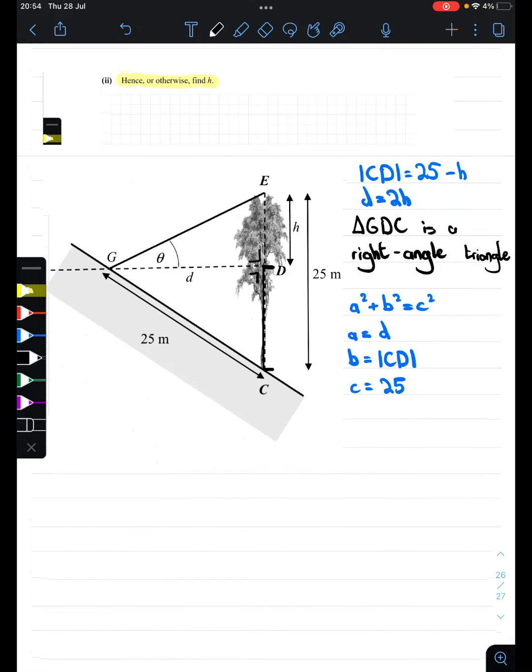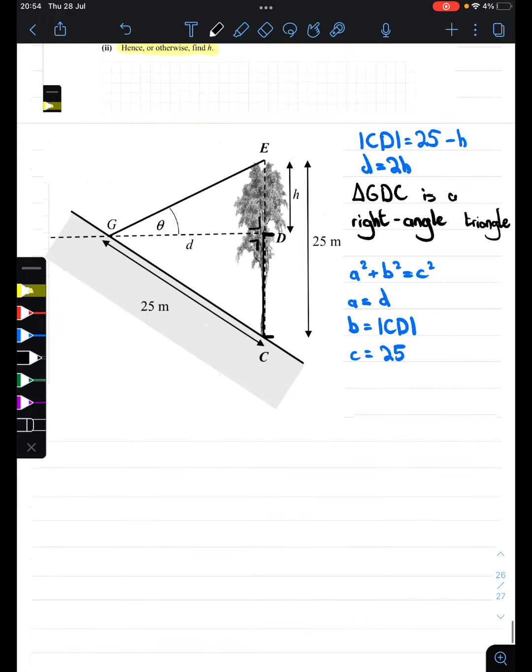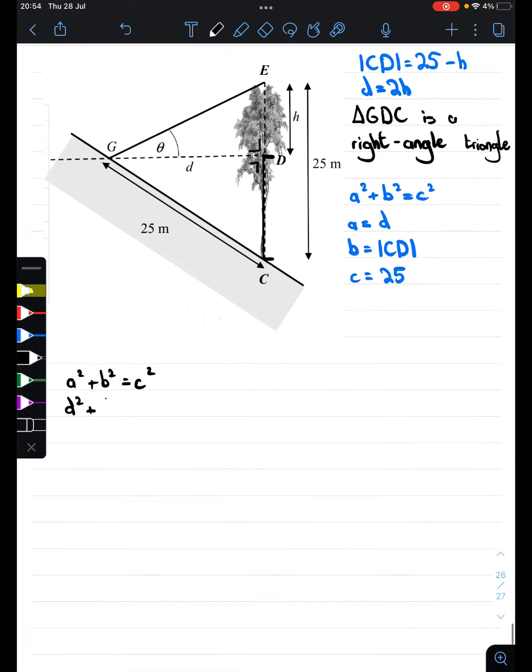We have a formula for CD, so we get d squared plus 25 minus h, squared, equals 25 squared.